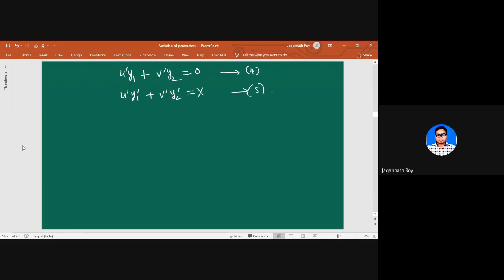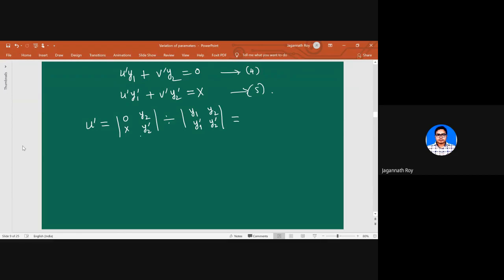So from here, if we use Cramer's rule, then u' will be the determinant of 0, x, y2, y2' divided by the determinant of y1, y2, y1', y2'.